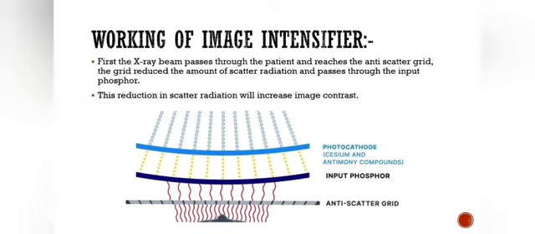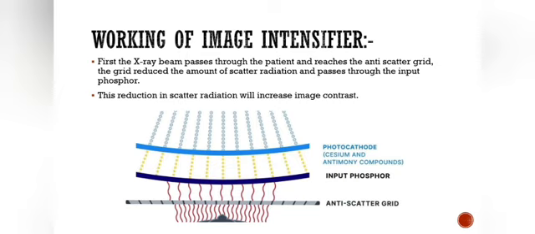First, the X-ray beams come out of the X-ray tube, pass through the patient and reach the anti-scatter grid. This grid is the outermost or the first covering of the image intensifier.